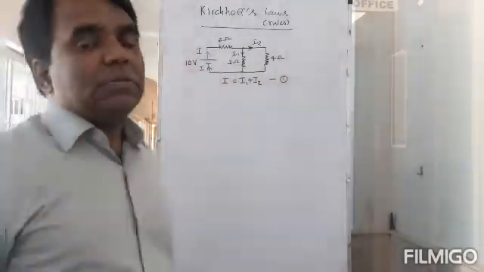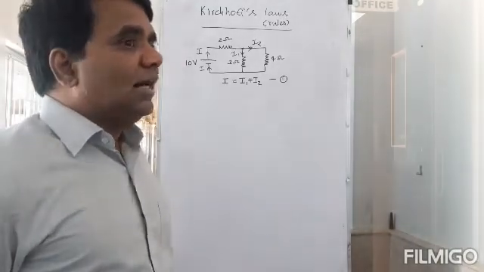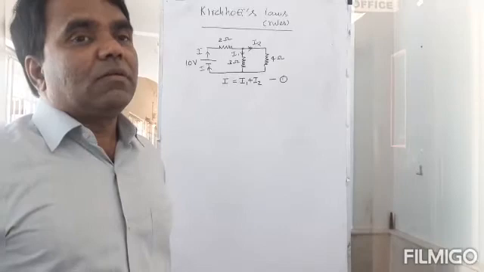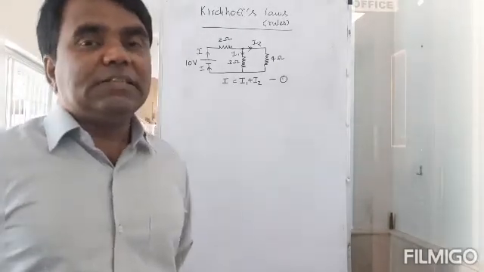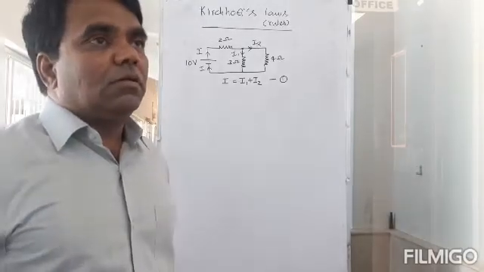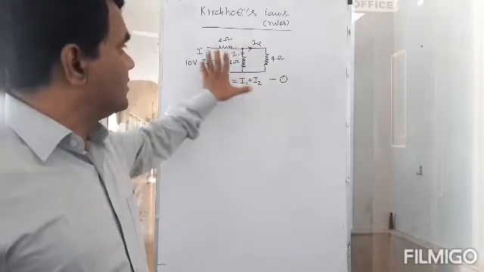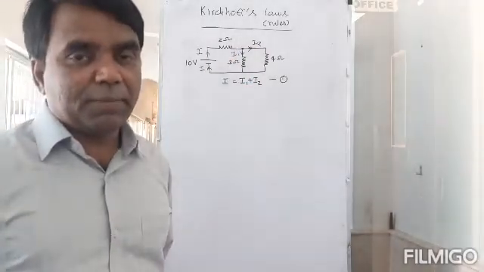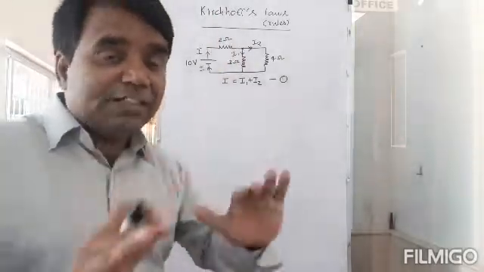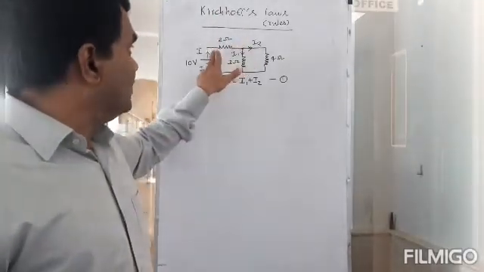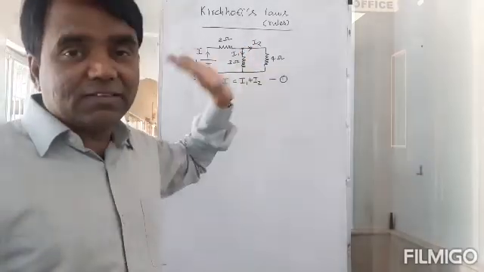The second thing that I need to do is assign the potential drop directions for these resistors. The way to do it is, say I have chosen the current. I am free to choose the current direction, right? I have chosen I to be in this direction, I1 to be in this direction, I2 to be in that direction.